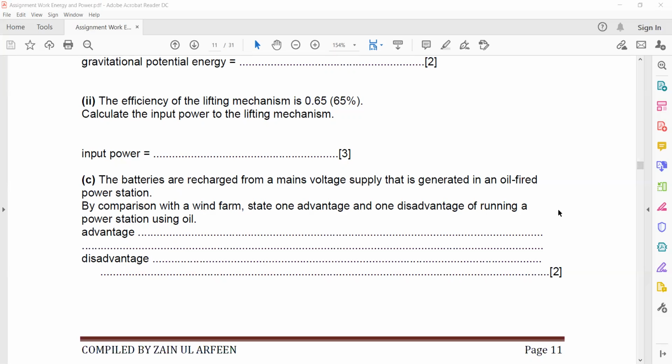Compared to a wind farm, an oil power station produces a greater amount of energy and it is reliable. You can mention that. And the disadvantage: it pollutes the atmosphere or environment. Greenhouse gases are also emitted. That's correct.